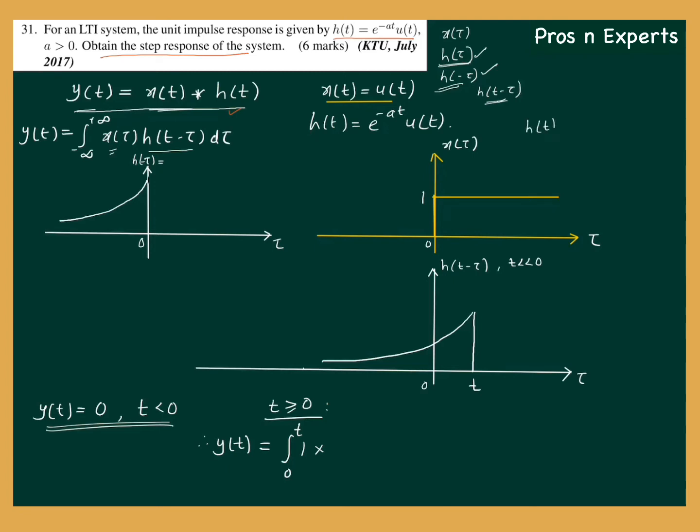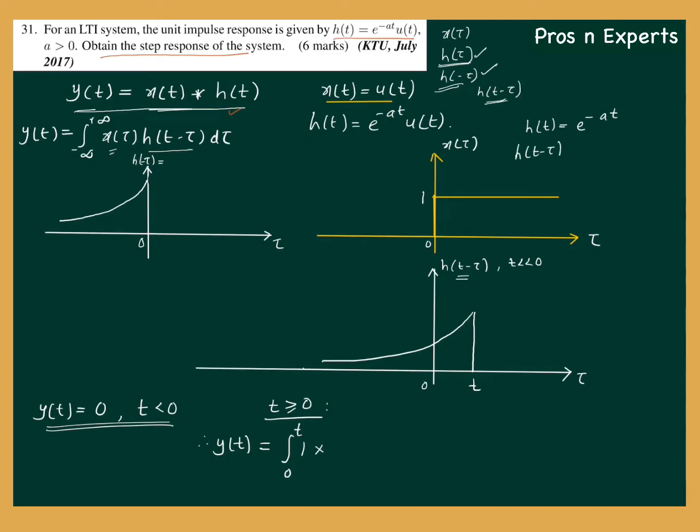H of t is given in the question as e raised to minus at into u of t. The u of t is now not needed, because the effect of u of t is incorporated to trim the signal on one axis. So h of t is equal to e raised to minus at. Now what is h of t minus tau?